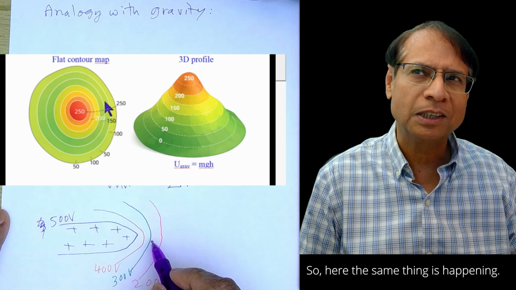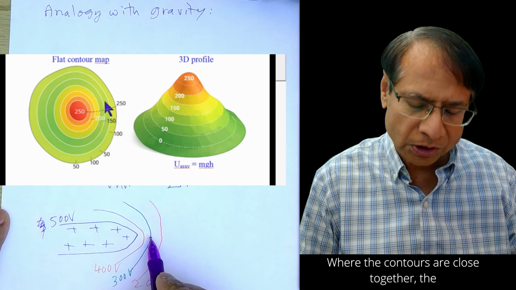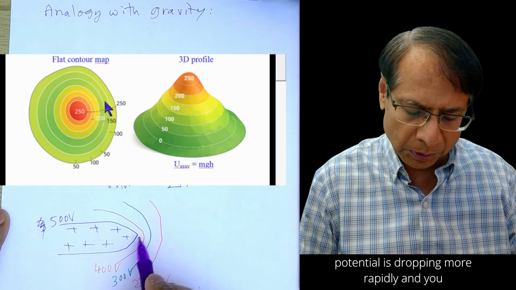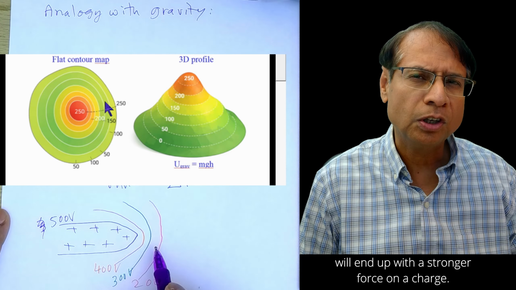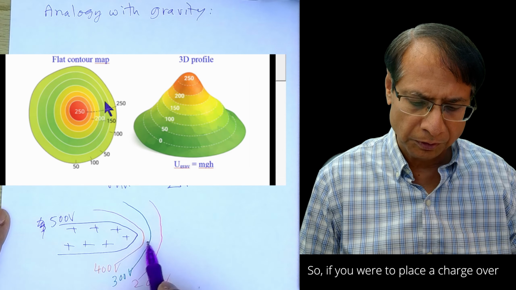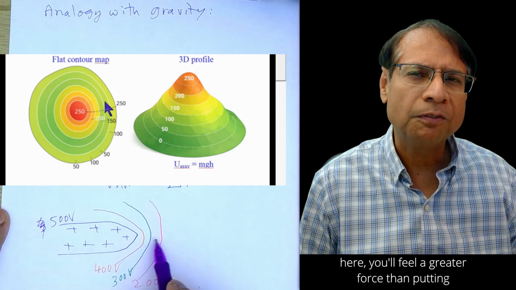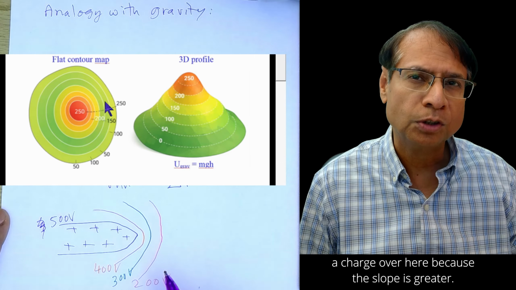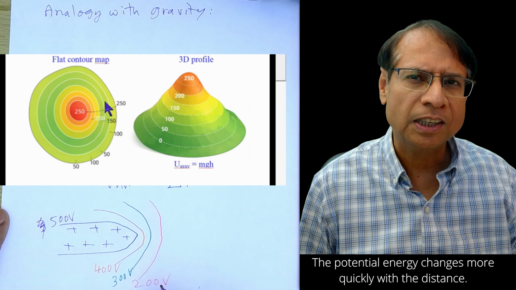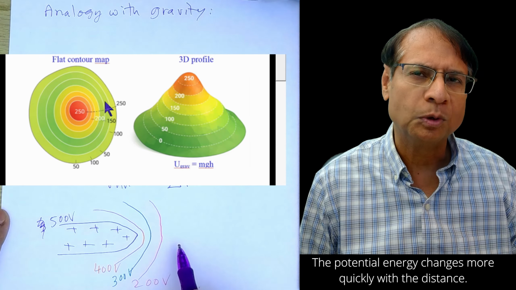So here the same thing is happening. Where the contours are close together, the potential is dropping more rapidly, and you will end up with a stronger force on a charge. If you were to place a charge over here, you'll feel a greater force than putting a charge over here, because the slope is greater. The potential energy changes more quickly with the distance.